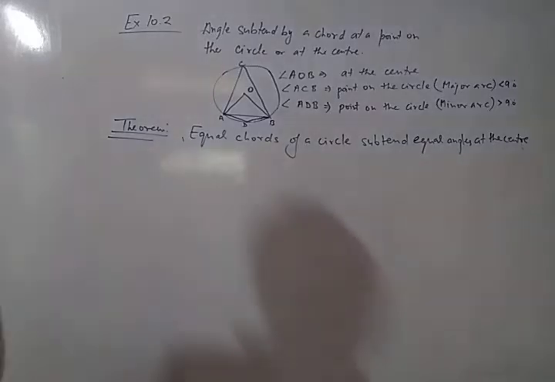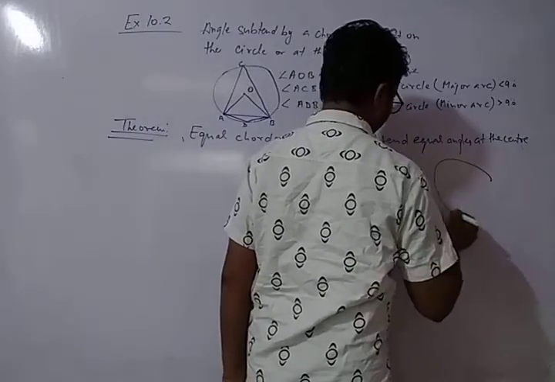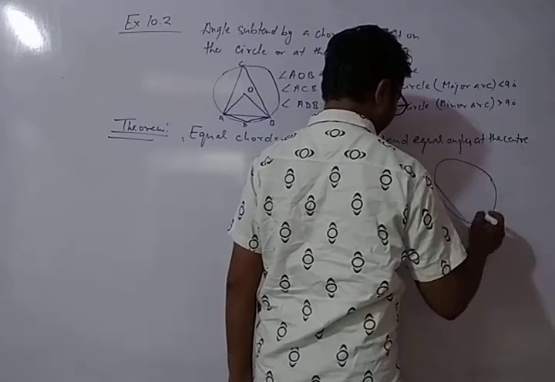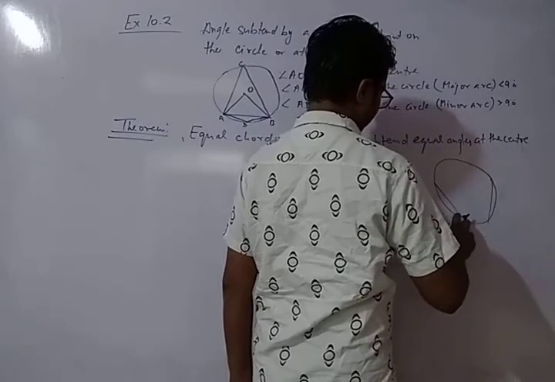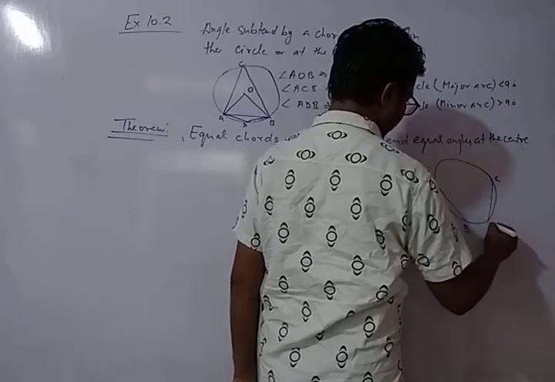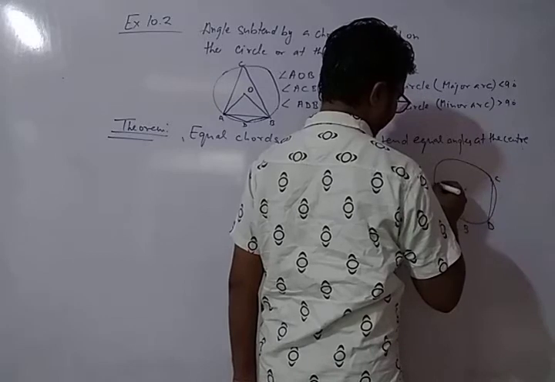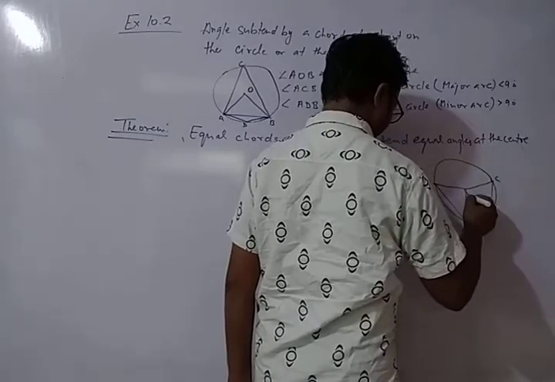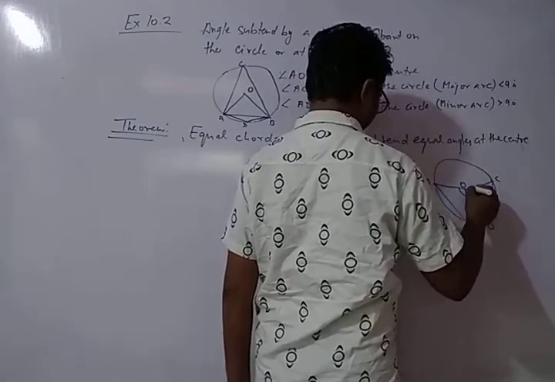Now, I'm telling, first drawing the figure, that is a circle. Yes, there are two chords, A, B, C, D, and that is a point O. That are the two angles.